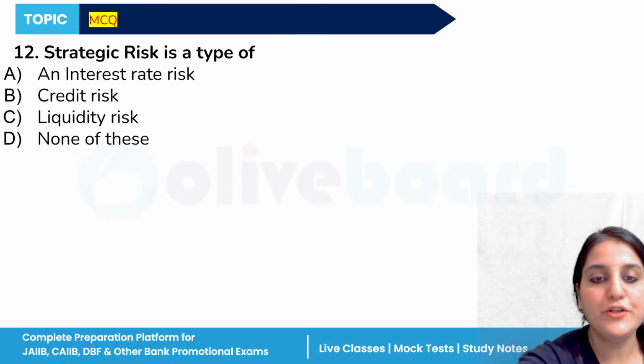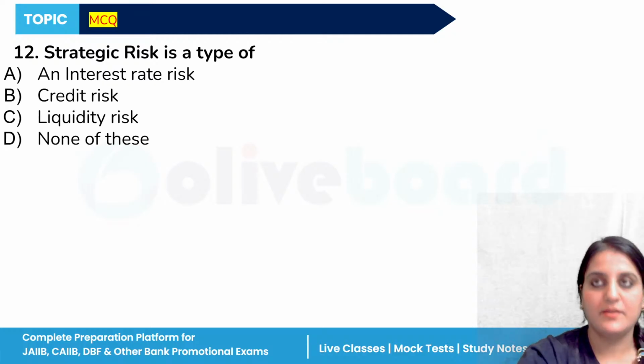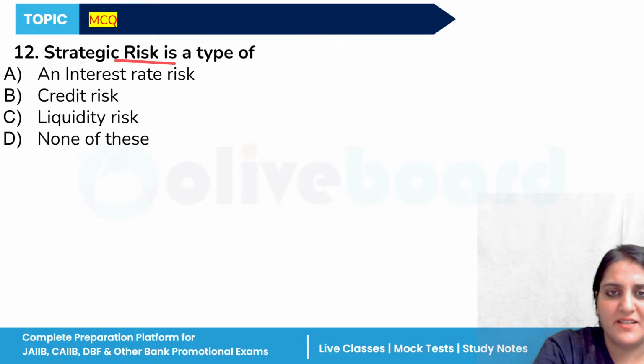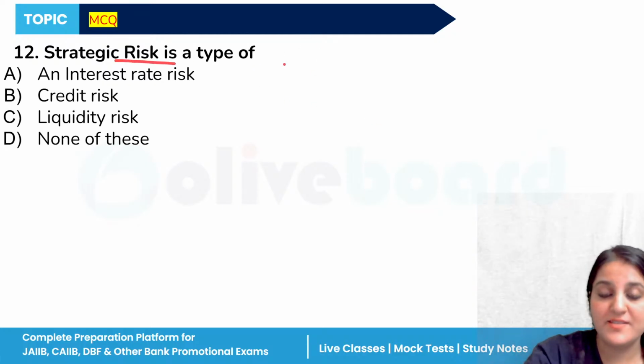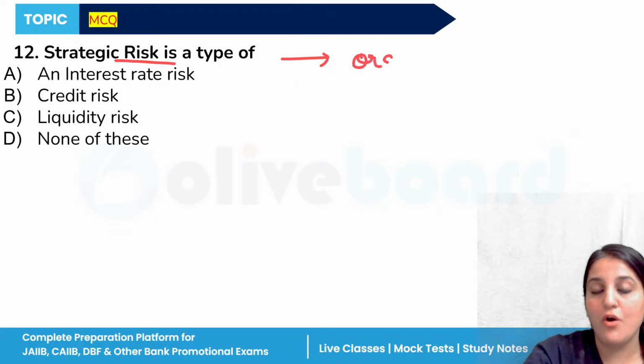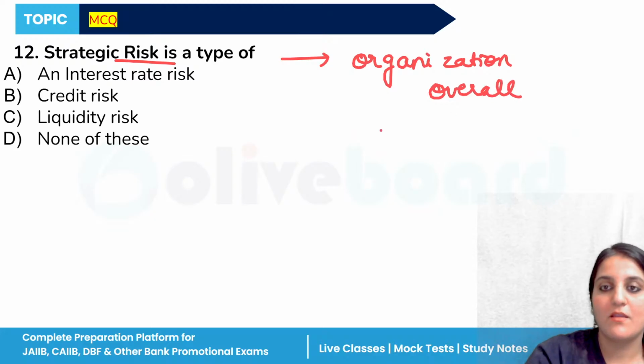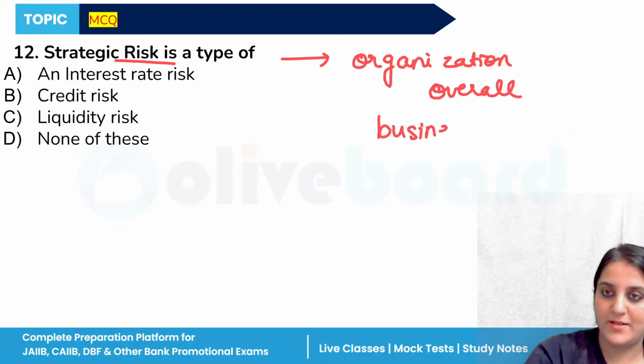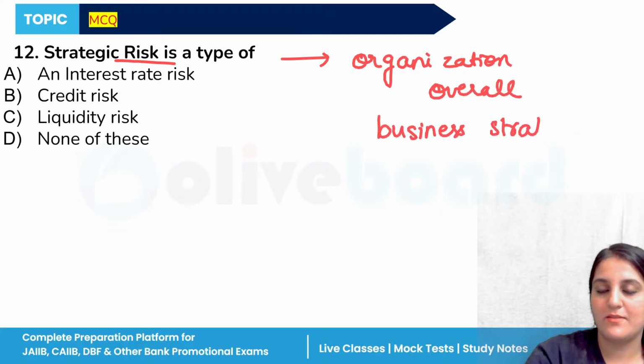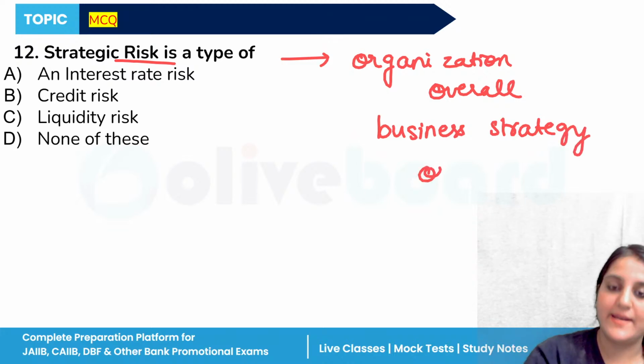See, strategic risk is basically a type of risk that arises from an organization's overall business strategy or direction.